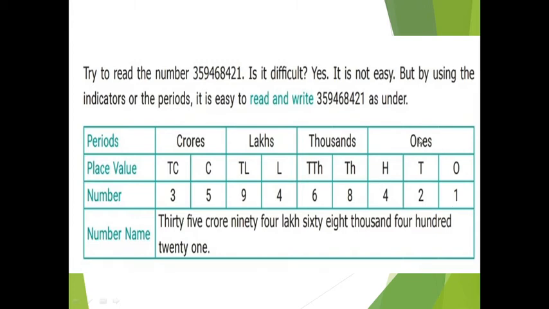See this, we have divided it into ones, then thousand, which is thousand and 10,000, then lakhs, which is lakh and 10 lakh, and then crores, which is crore and 10 crores. So the answer is 35 crore 94 lakh 68,421.